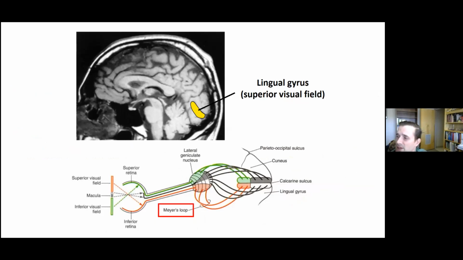The lingual gyrus is actually going to be receiving the information from the superior visual field. All right, because the superior visual field information was, remember, inverted from the lens of the eye.